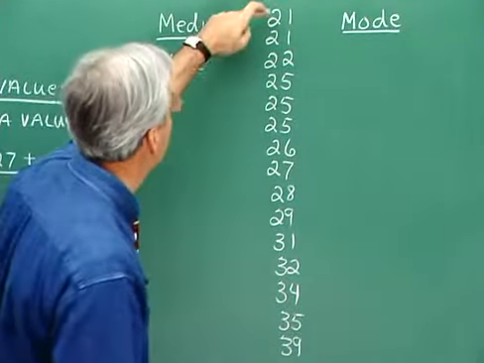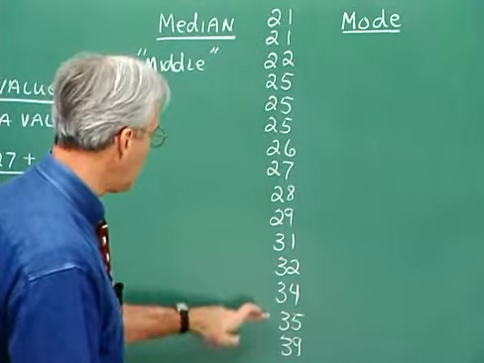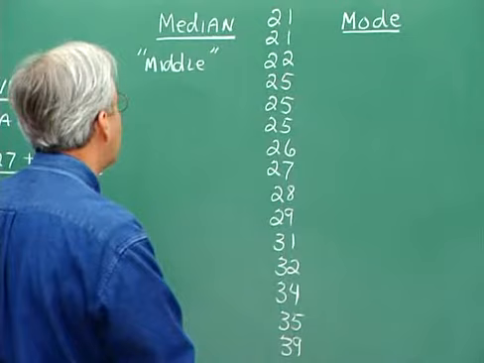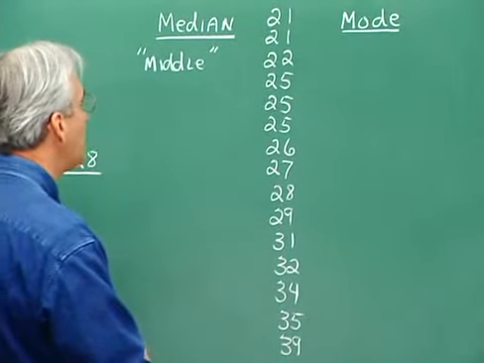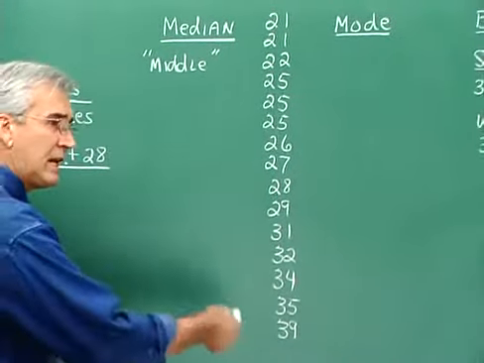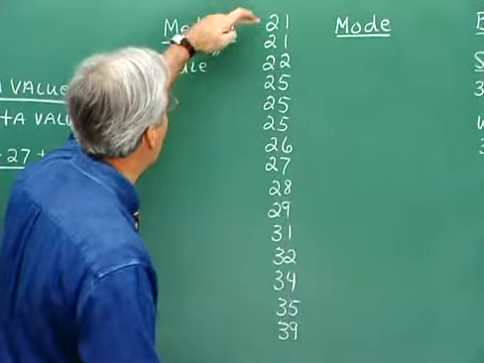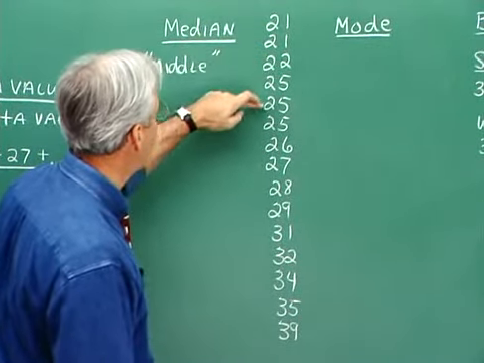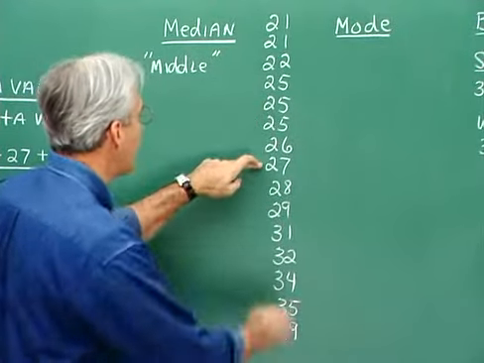Now, I've listed them smallest to largest here. All 15 items are listed. And when they're listed like this, it's pretty easy to identify median and mode. Now, there are 15 items. So let's see. We want the item right in the middle. Here's the first, second, third, fourth, fifth, sixth, seventh. I think it would be the 8th item.